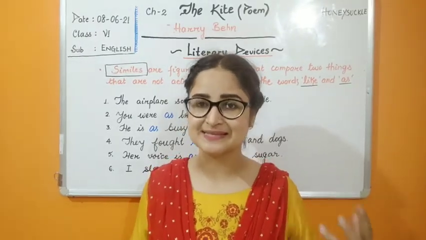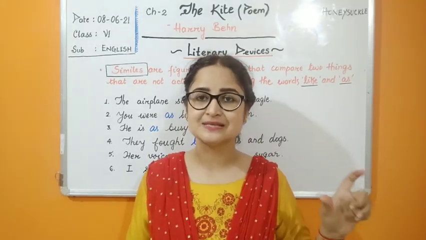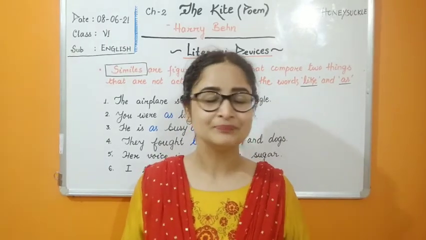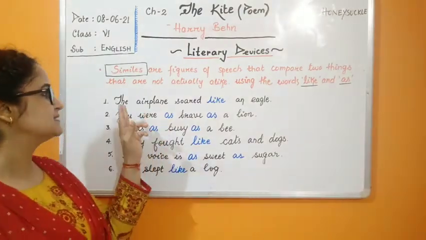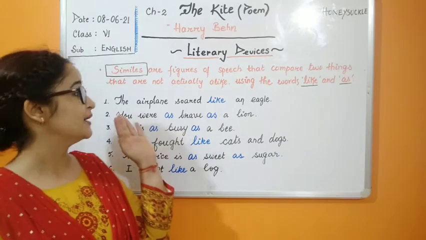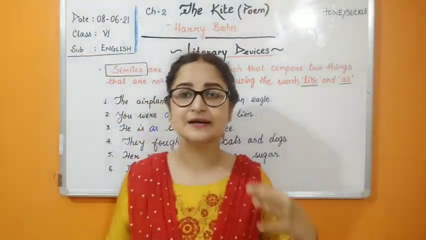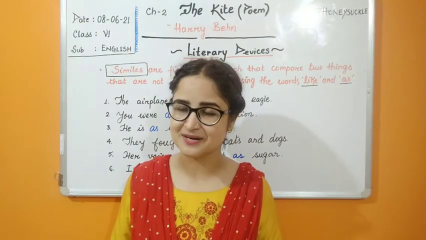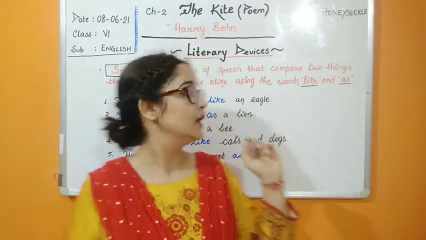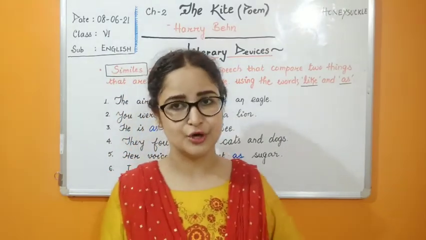So let's go through an example to understand how we can identify the use of simile. The first sentence is, the airplane soared like an eagle. Soared, we had already learned the meaning of this word in this poem itself. It means to fly or rise higher. Here, an airplane and an eagle are two different objects.